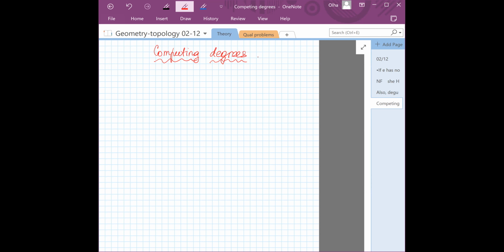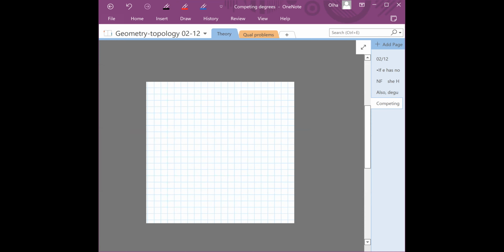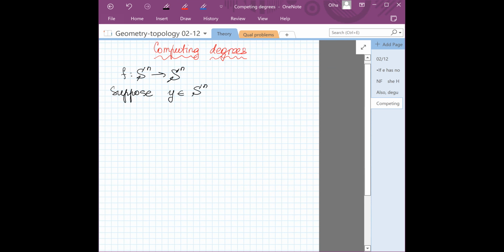For now, it's not really similar to what we have, but I'm going to show that it's pretty much the same thing. So again, we have a function f that goes from Sn to Sn. Suppose we have a point y in the image, and that its pre-image is finite.